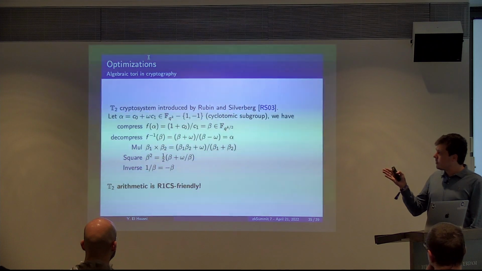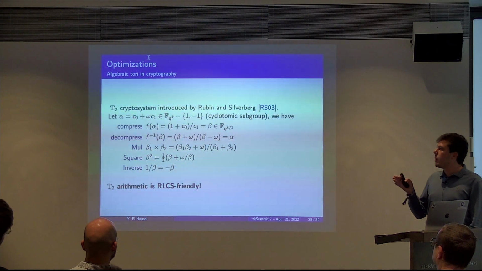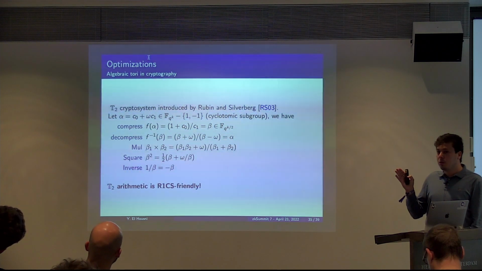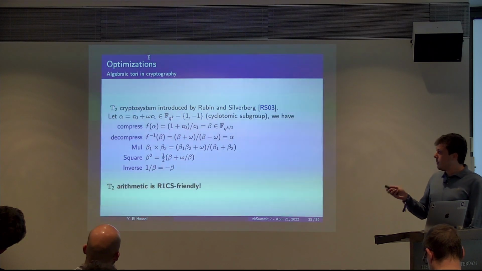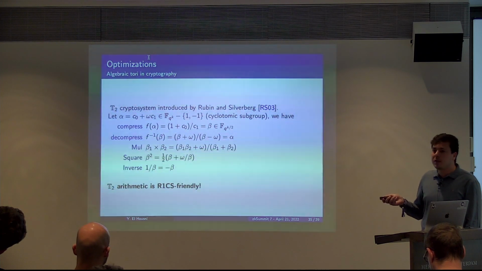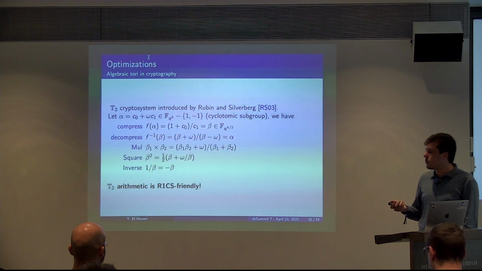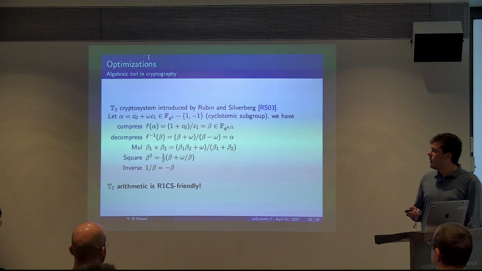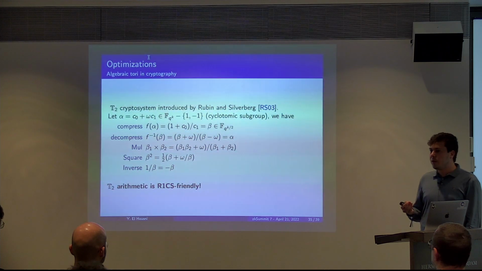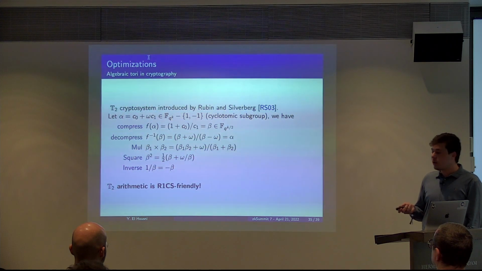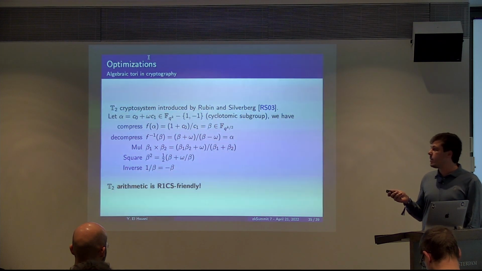But then you had this paper which introduced T2 and Cayley cryptosystems where you can do full arithmetic. But the problem is that there are inverses. No one wants to do arithmetic with inverses outside of the circuit. But as I said, in R1CS, we do not care to use inverses. So it is pretty much R1CS friendly.